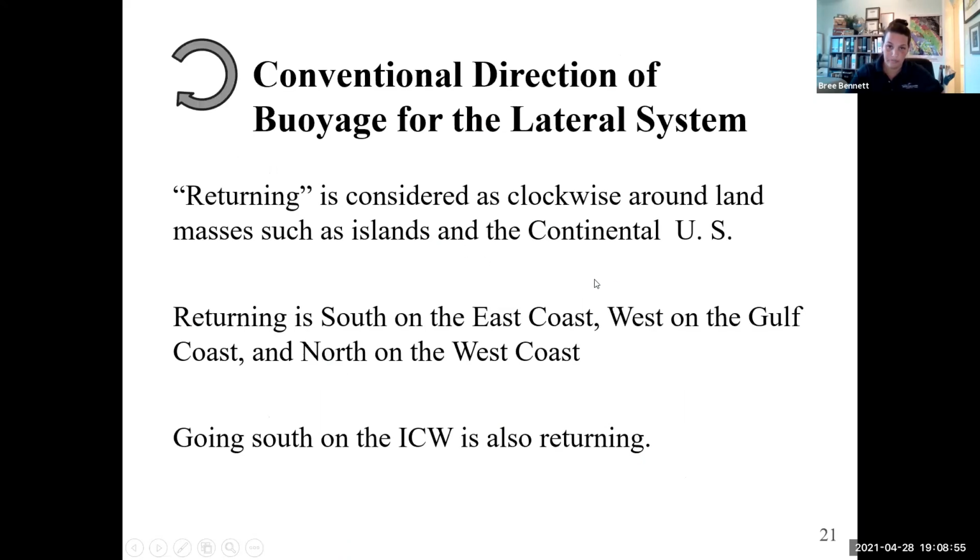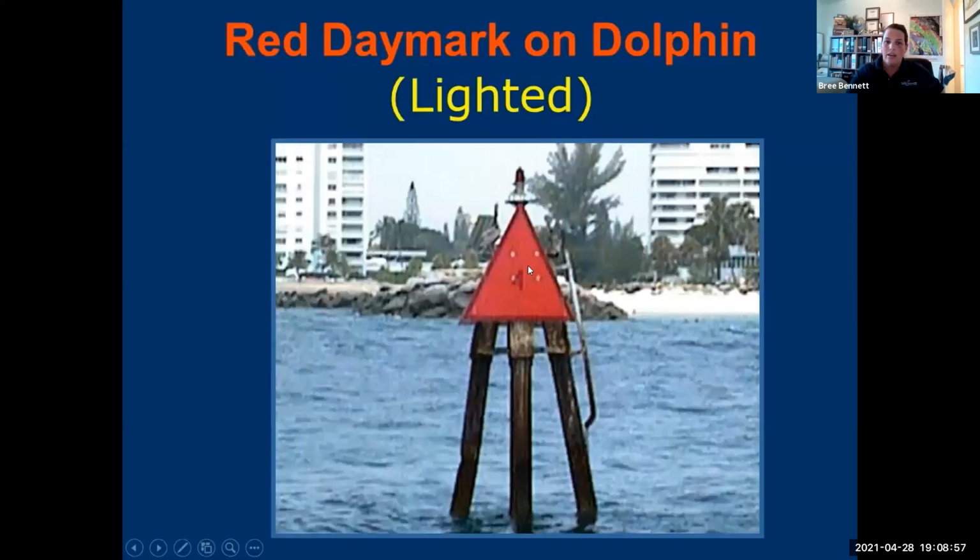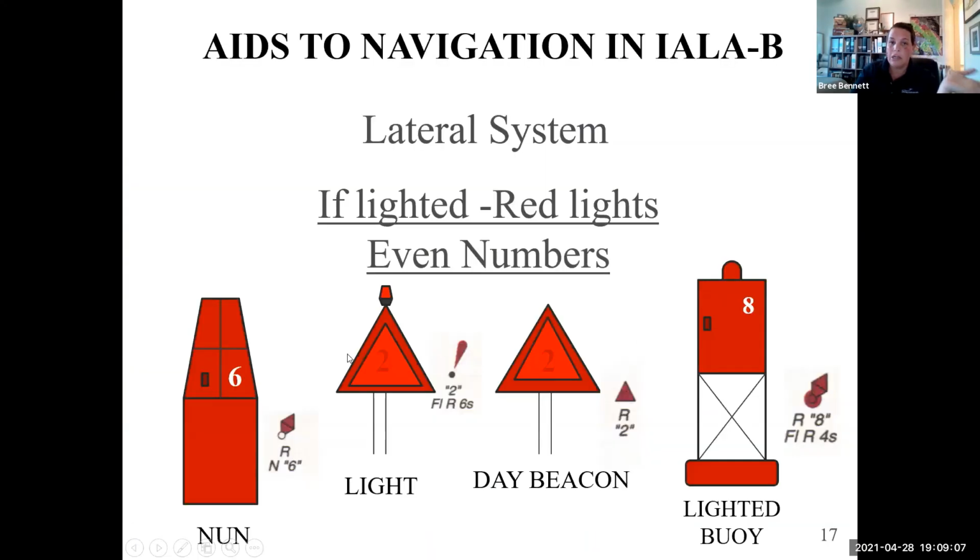So also, we have our red right returning, but we also have our numbers on the buoys. So we have our even numbers are to the right, our odd numbers are on the left, and they start seaward as small numbers. And the closer you get inshore, the higher your numbers get.